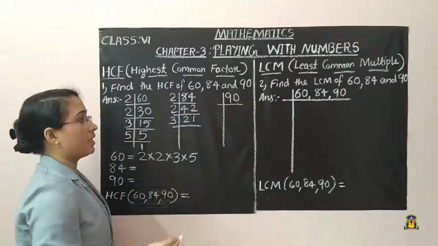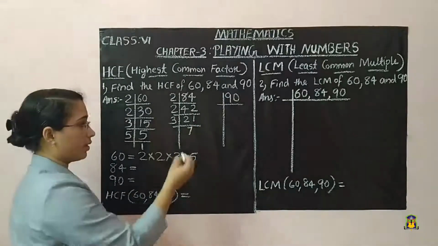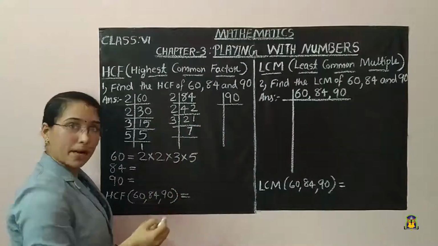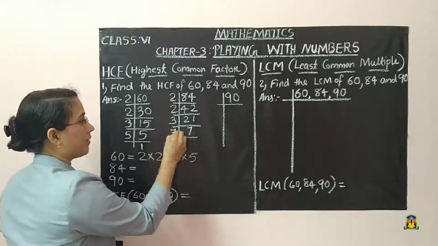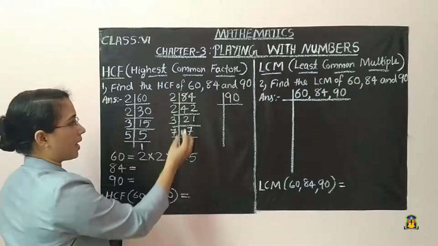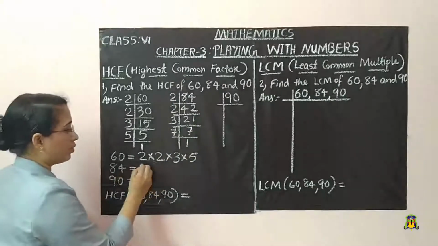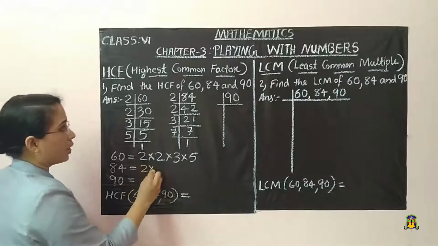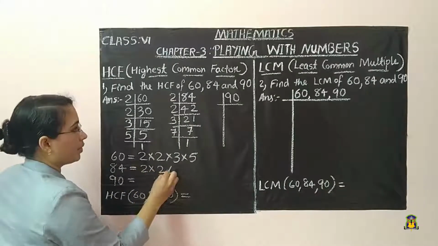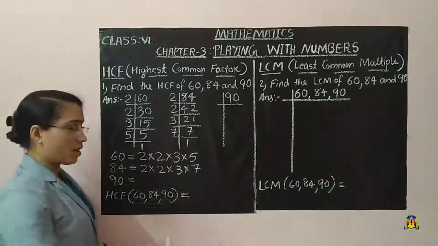Then 3 into which number will we get 21? 3 sevens are 21. Then 7 is a prime number, so we write 7 here. Then 1 sevens are 7. So this is the prime factorization of 84. We can write 84 equals the product of prime numbers: 2 into 2 into 3 into 7. Okay, understood how to do this?